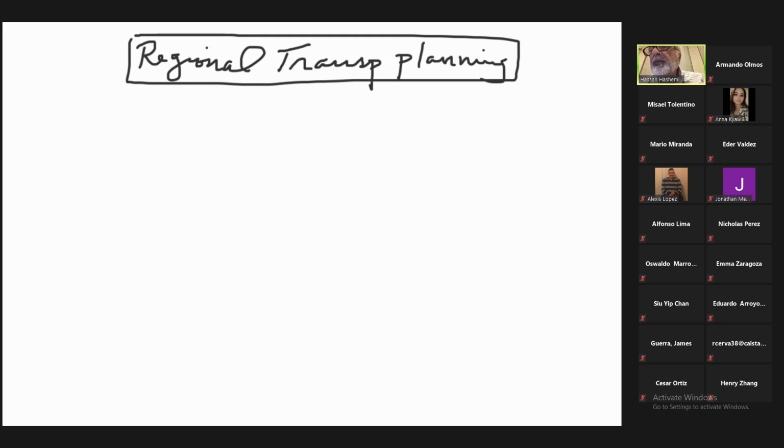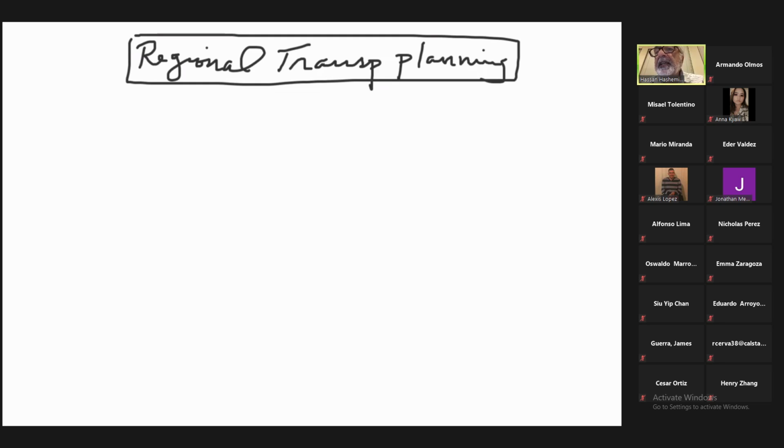Central California is mostly agriculture area, so the requirements for the roads are different than Southern California, which is more urban area. So regional transportation planning, instead of looking at the whole California, maybe we look at the Southern California transportation planning.